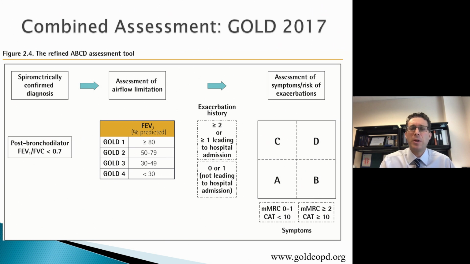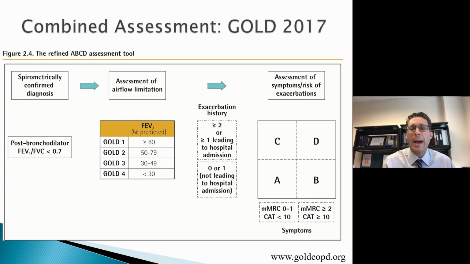And then people may be familiar with this ABCD categorization, which is assessment of both their symptoms and risk of exacerbations. Symptoms are shown here on the bottom, with symptoms being marked by an mMRC score of 2 or more, so having to stop on flat ground or walking slowly, or a CAT score of 10 or more, marking high symptoms. And similarly, high risk of exacerbations was 2 or more exacerbations in the prior year.